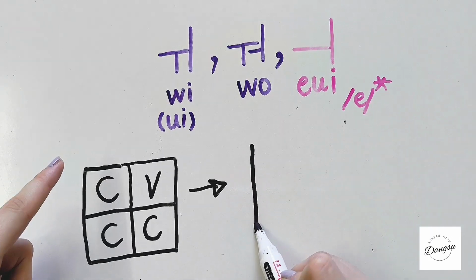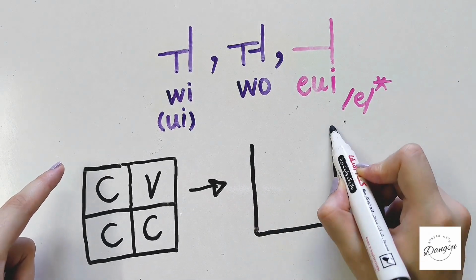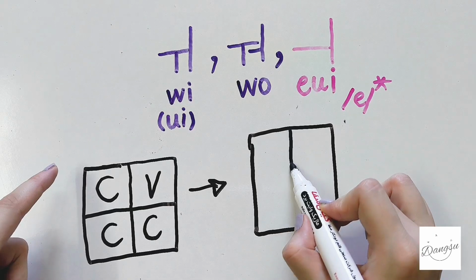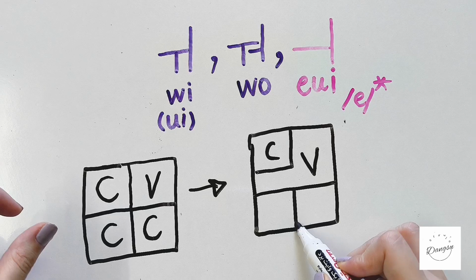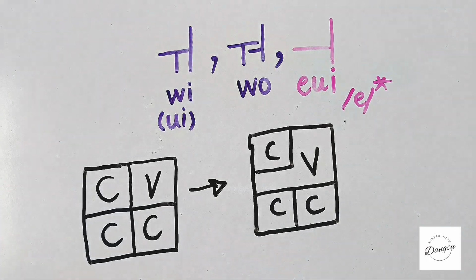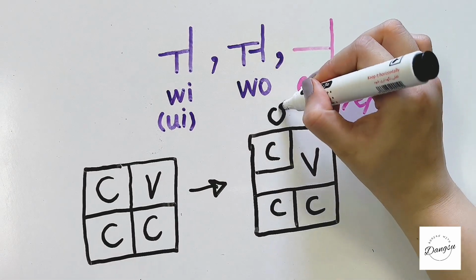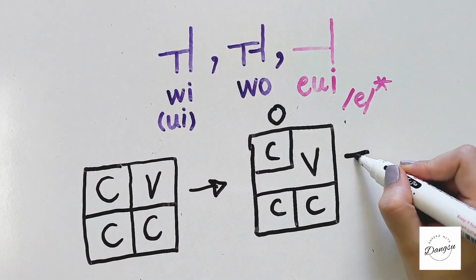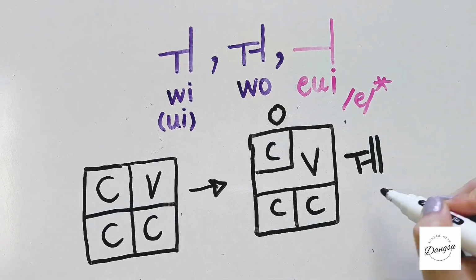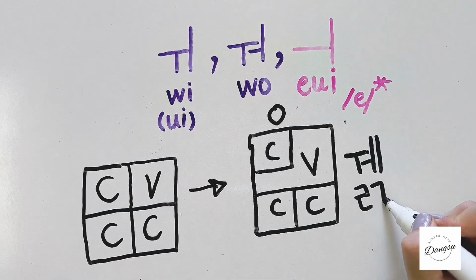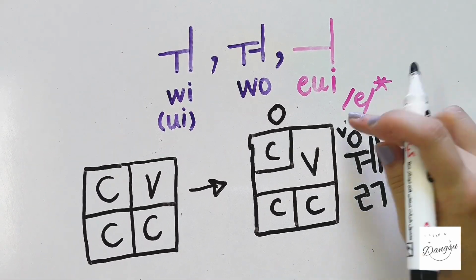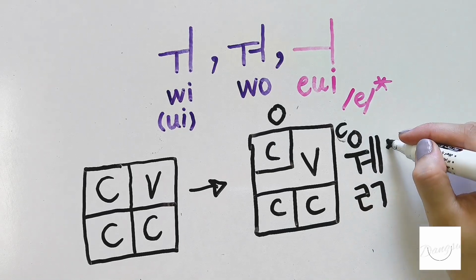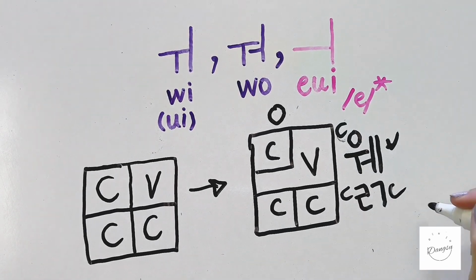It can be a C, V, C, C. Like for example the word 이응, 왜, 웩. It's like this. C, V, C, C. You see?